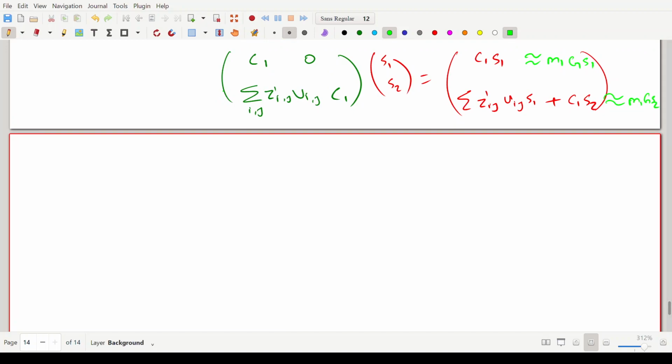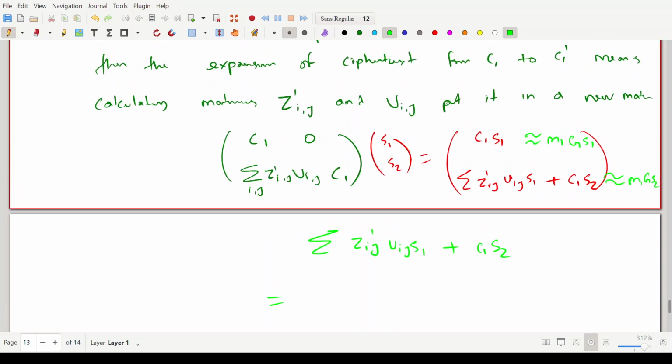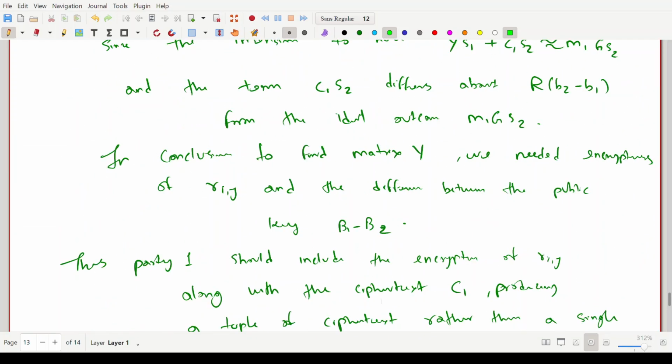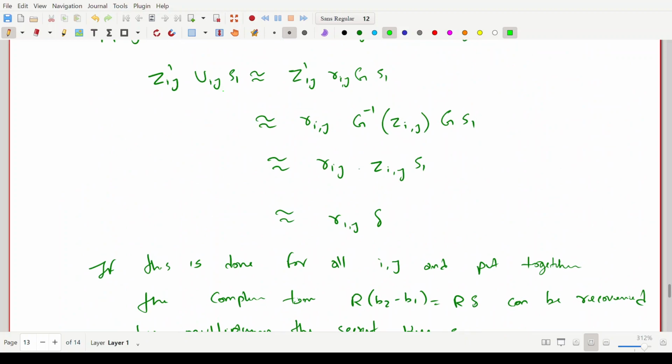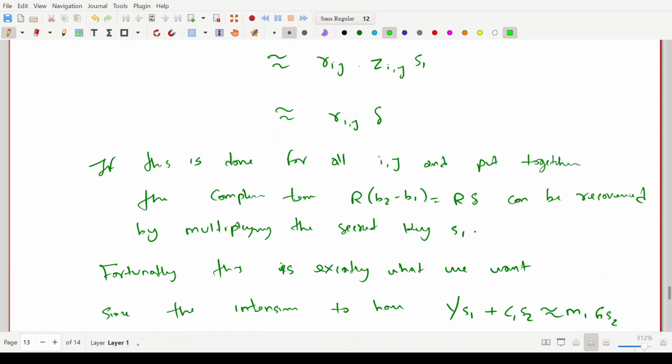Let me start with the summation Zij dash Uij multiplied by S1 plus C1 S2. What do you observe with the first one? This Zij dash Uij S1 is similar to Rij delta.